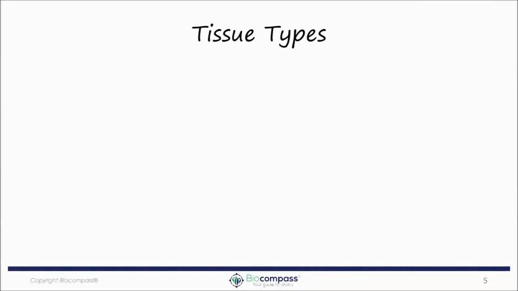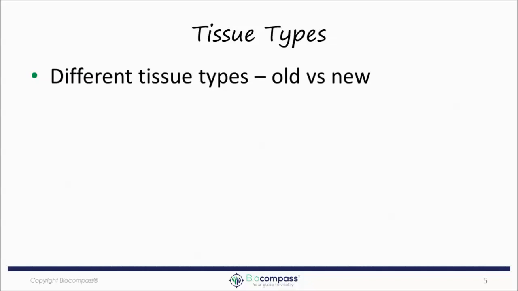The next part is that we will go into different tissue types, because we have old type tissues and we have new type tissues. Note, I specifically talk about tissues and not organs. Tissues, not organs. I will explain that a little bit more in depth later when we get to this topic.